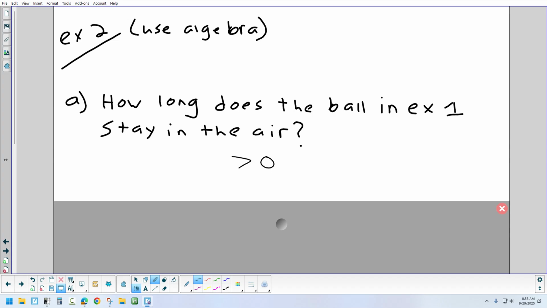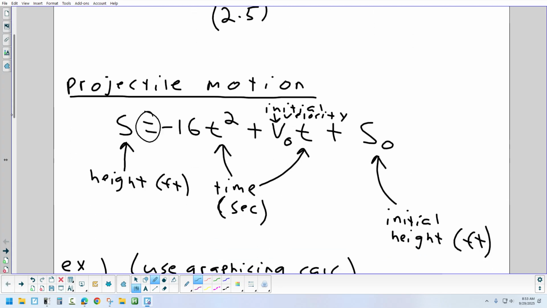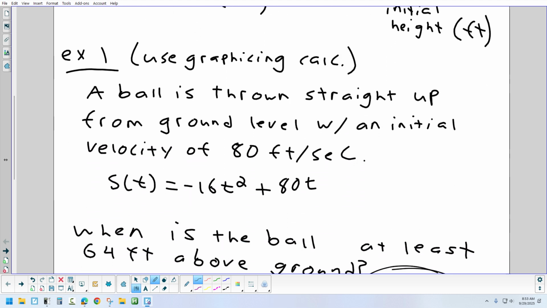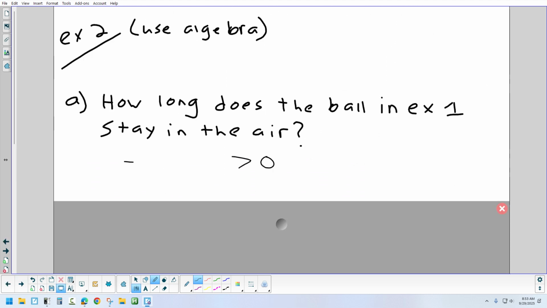So our height is, again, go back to your formula, negative 16t squared plus 80t. Now, because you're finding when it's in the air, it's automatically already greater than 0. So 0 is by itself. Okay, so what can I factor out on the left-hand side?